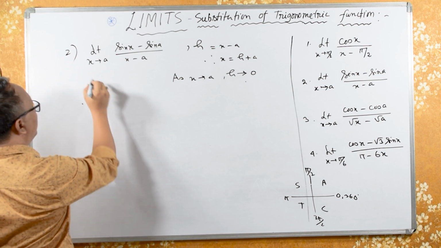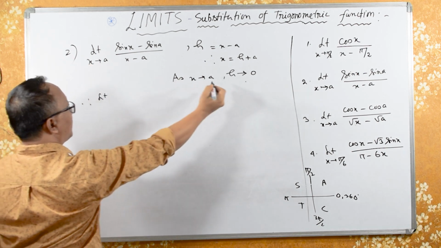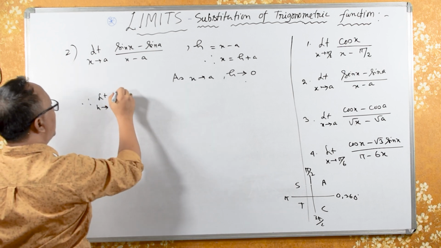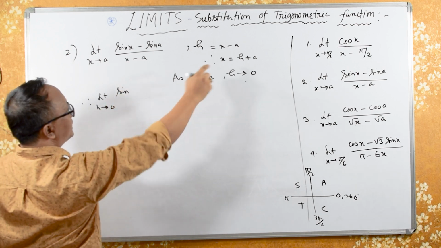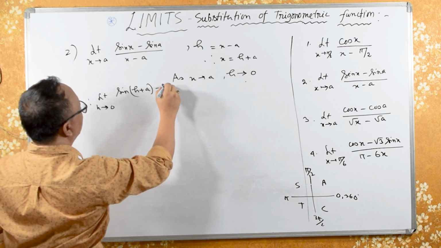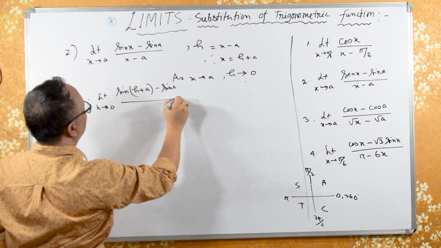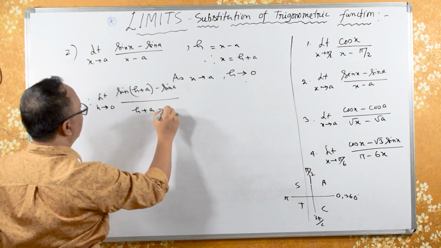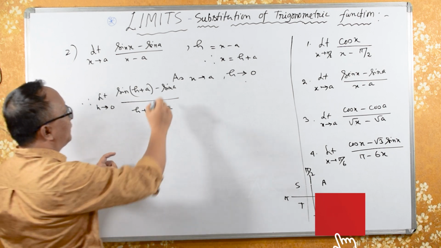So limit as h tends to 0 of sine of x, where x is h plus a, minus sine of a, upon x minus a, which is h plus a minus a.